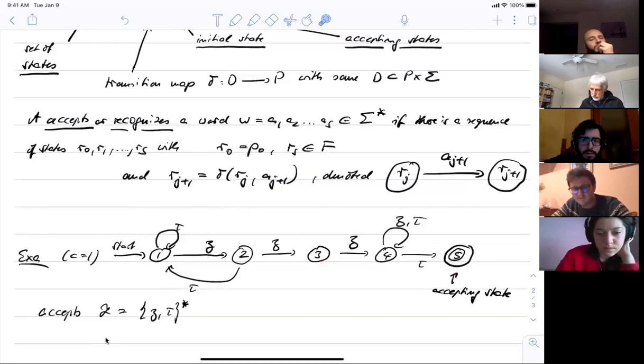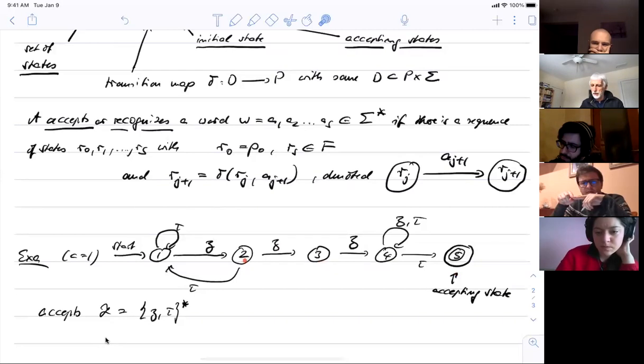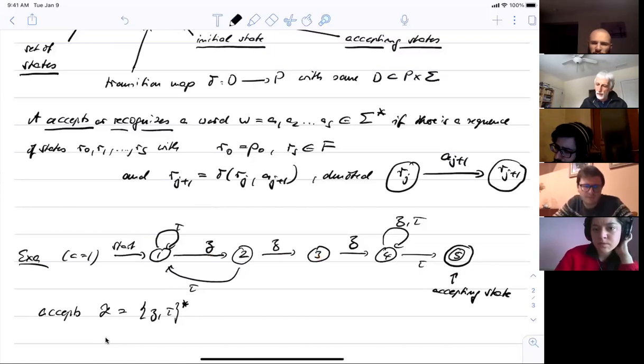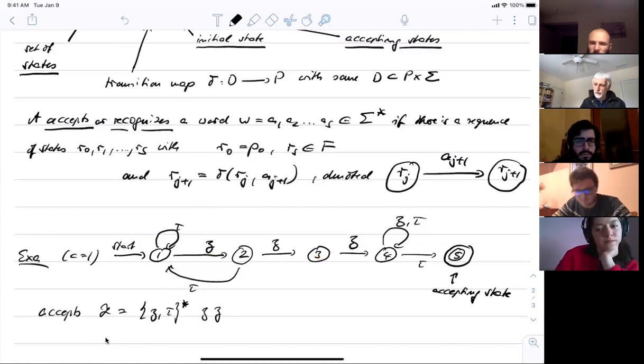And if you arrive at state 2 and go to state 3, we must have already added a zeta. So if we are in state 3, we must have had already 2 zetas to go from 3 to 4. We need another zeta.